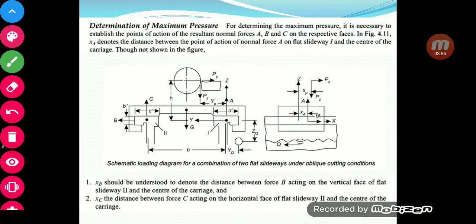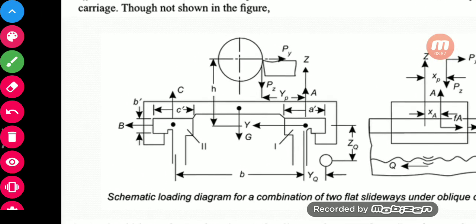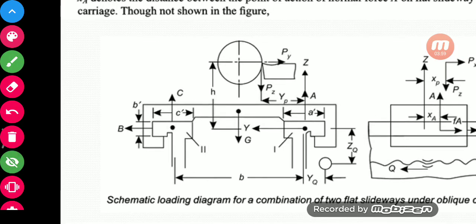Okay, so here is our two-dimensional diagram, and here we seem to have our z axis right here. Okay, so the first force component is your force py. So this py force is acting right here, and it has a distance of xp about the z axis.